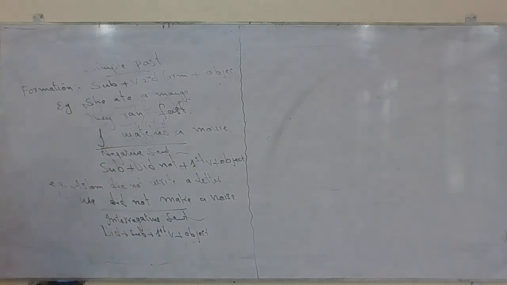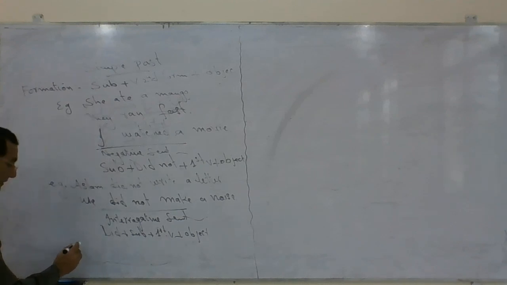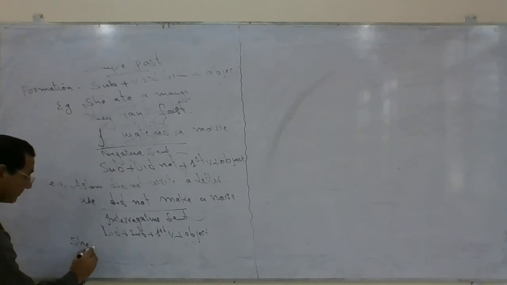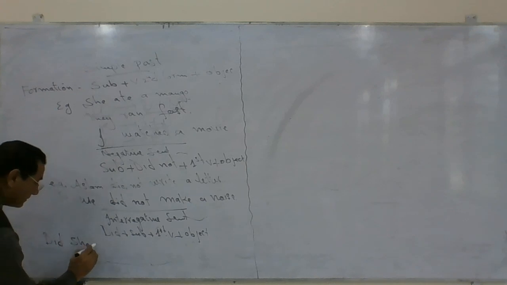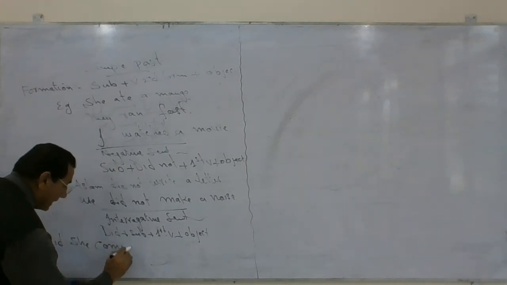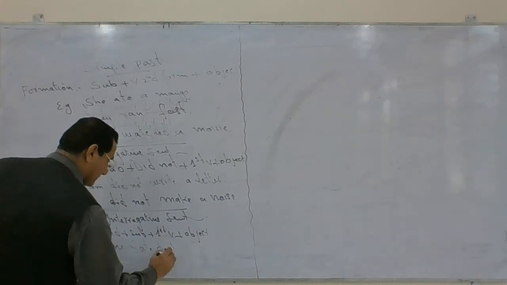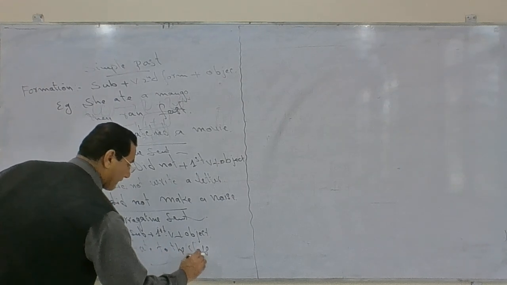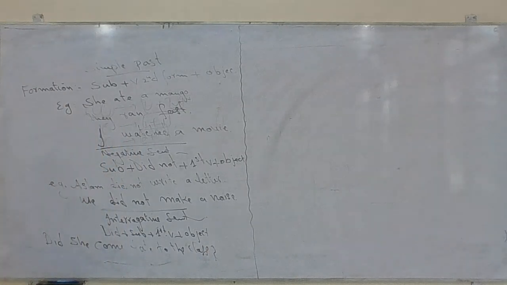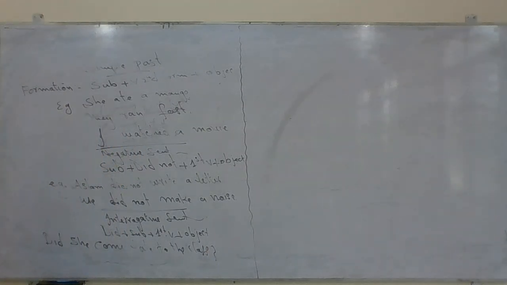If not is there, it will come after the subject, in negative and interrogative sentences. Did he come late to the class? And at the end there must be a question mark, the sign of interrogation.